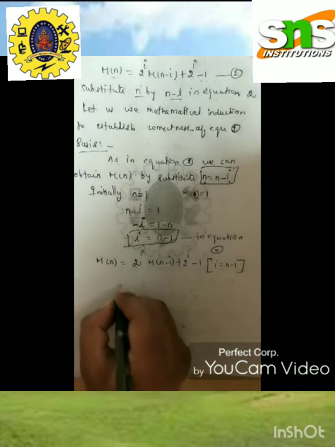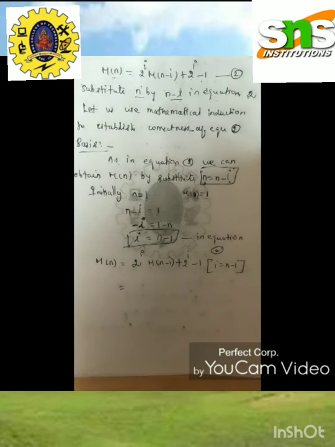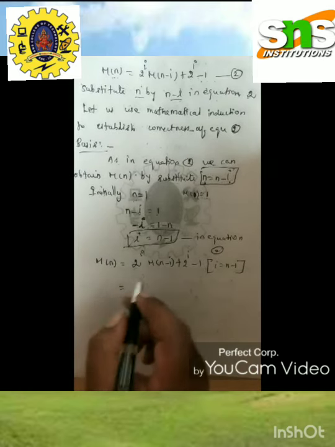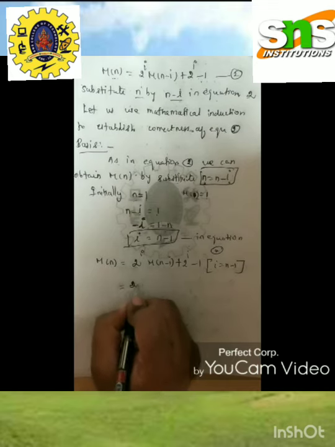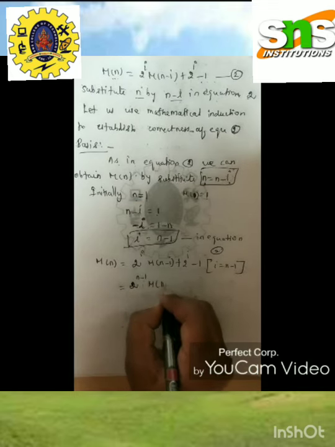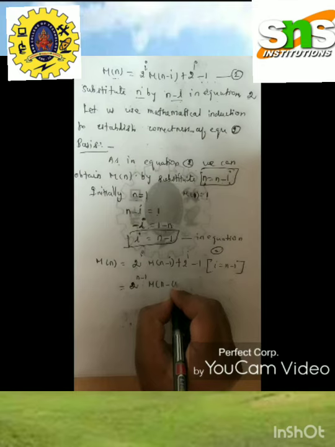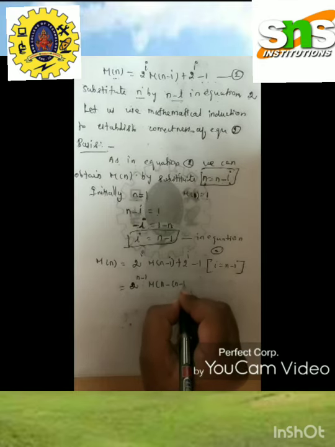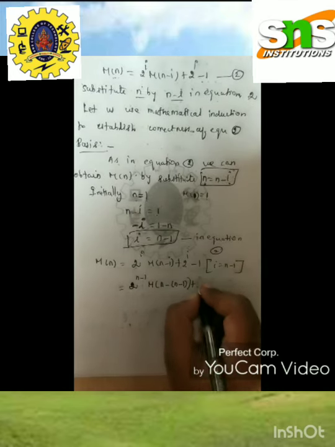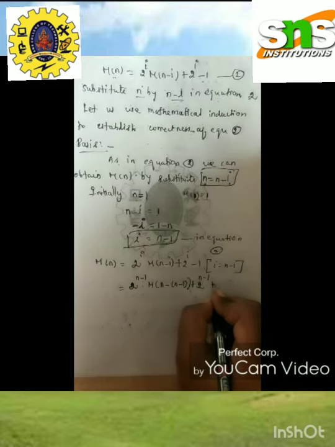So substitute 2 power the i value, n minus 1: m of n minus (n minus 1), plus 2 power n minus 1, minus 1.